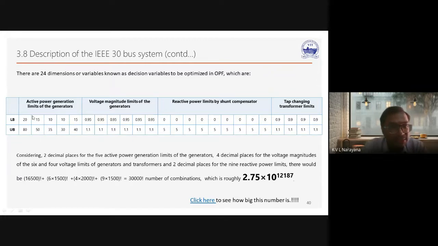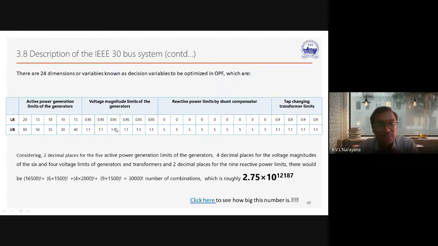Like this, the active power generation limits of the 5 generators are taken as decision variables. We have to optimize at what value of this power we get the minimized fuel cost with more efficiency and uniform load distribution. And the voltage magnitude limits of the generators are given here. It lies between 0.95 and 1.1. There are 6 generators.